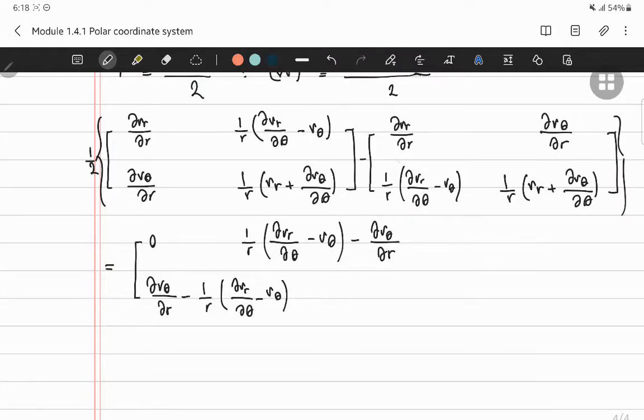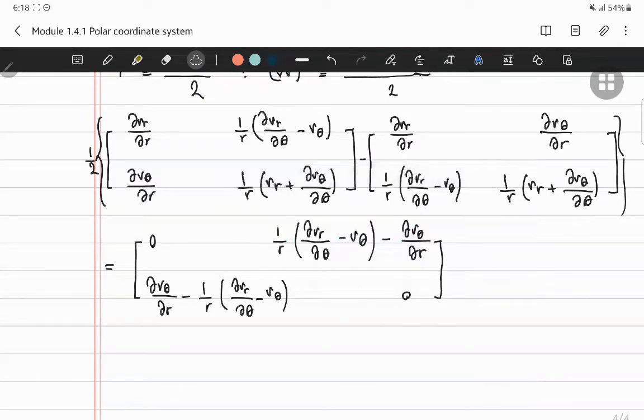This minus, and this actually cancels out with this one. And let me just shift this bit here. Perfect.